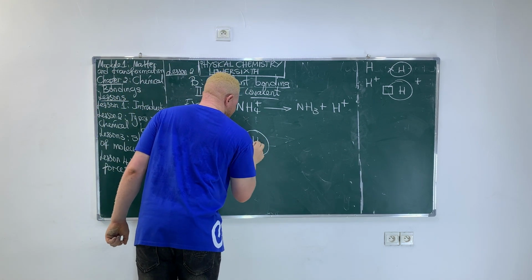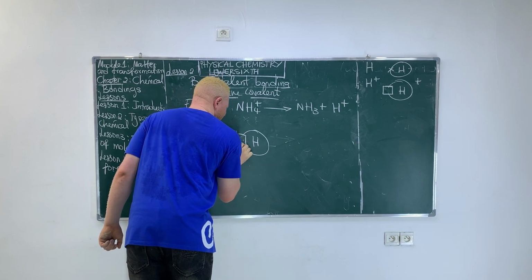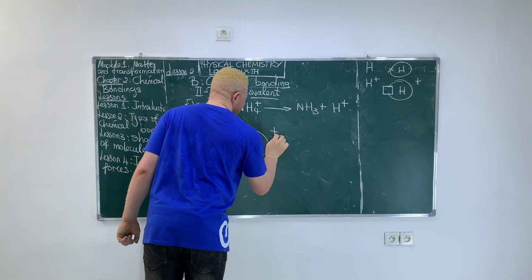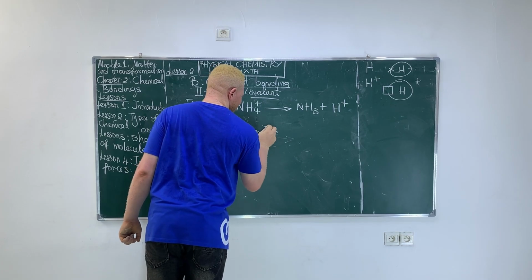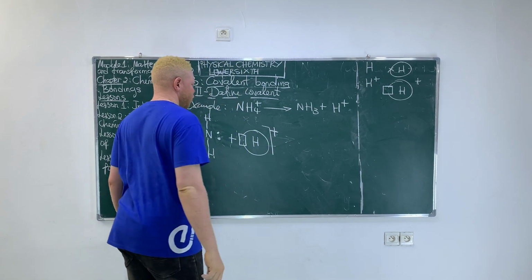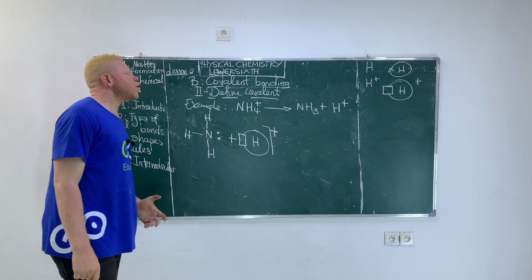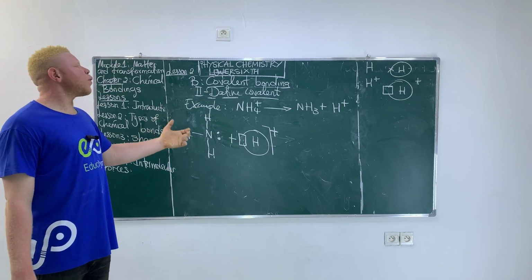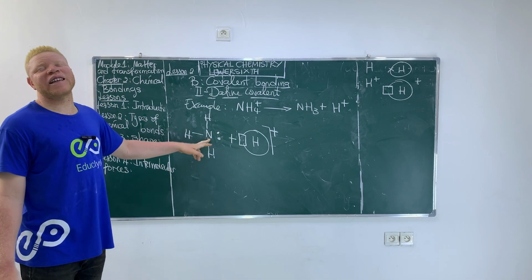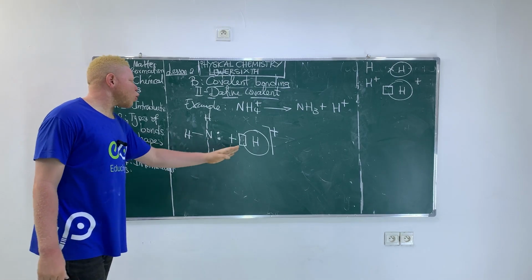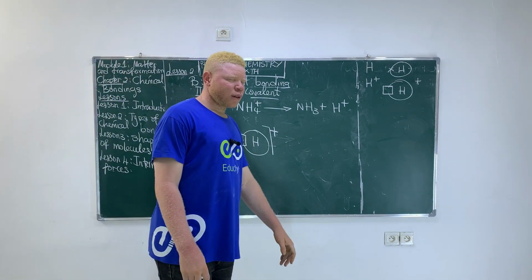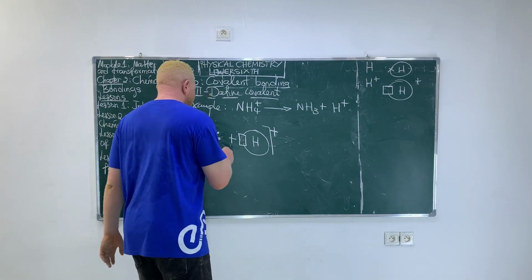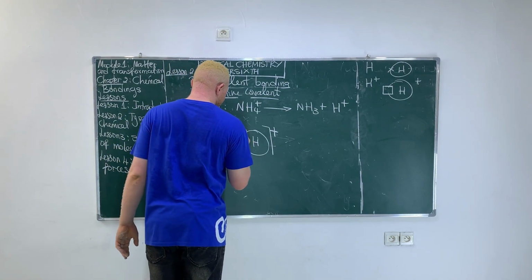Hydrogen has a vacant orbital, I mean an empty orbital. Hydrogen plus. So here's hydrogen plus here. That's hydrogen plus. So during the dative covalent bond, there will be the transfer of electron from the donor atom, which is nitrogen here. The acceptor atom is hydrogen. So electrons will move from the donor atom, which is N, to the acceptor.